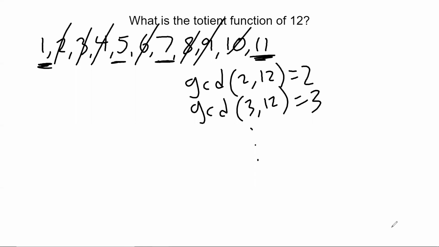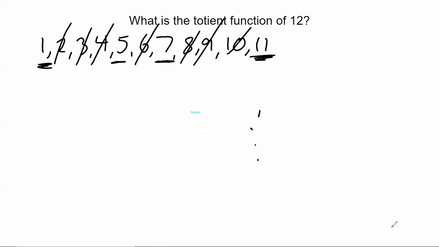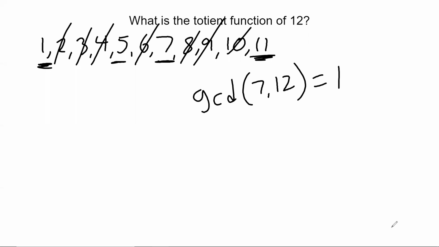And the reason that these numbers are left over is because if you try to take the GCD of them with 12, for example, the GCD of 7 and 12, you would get 1 because these numbers are relatively prime. And because there's 4 numbers here, the totient function of 12 would be 4.